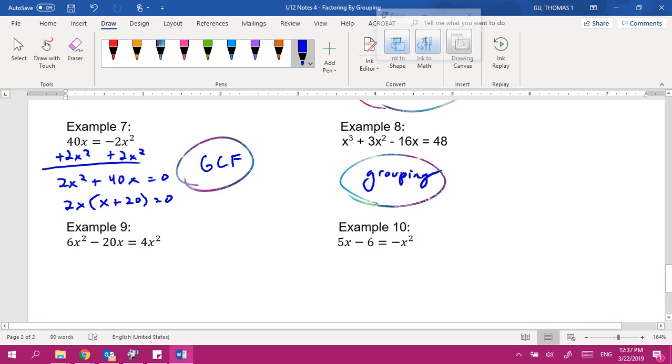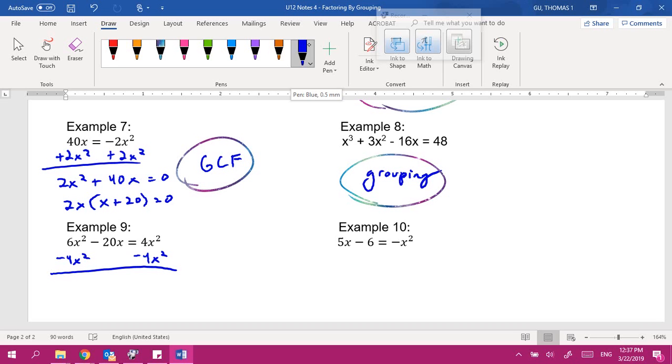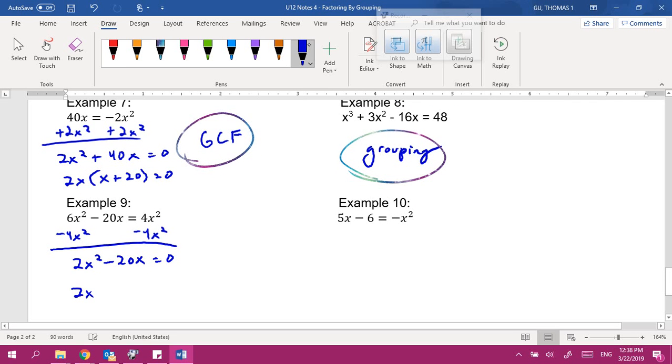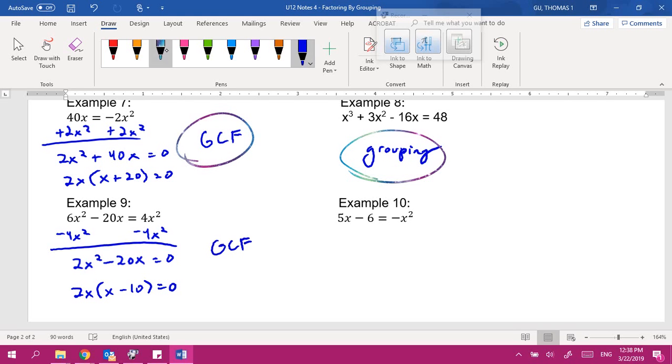That's right, because if you subtract the 4x squared from both sides, that combines with the 6x squared over here, which gives you 2x squared minus 20x equals 0. And you can factor out 2x, which gives you x minus 10. And right there, GCF, I could get my answers right away. No need for Xbox.